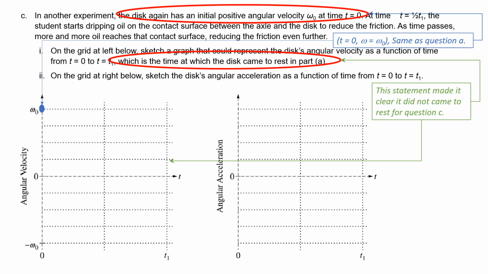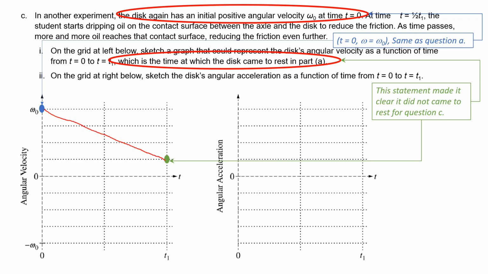So now let's assume that it will not end at 0, but it will end at a dot above 0. So it means it's still moving. Now let's take a look at this. Do you think it will end up as a straight line like this?